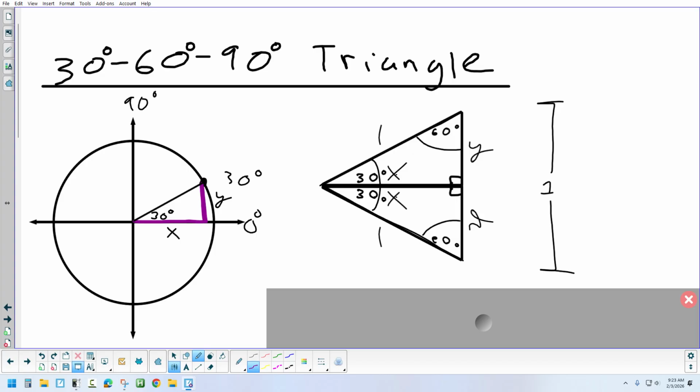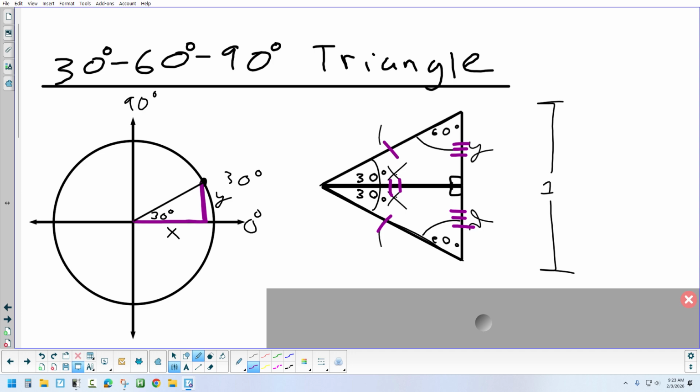Can you be more specific? All the side lengths, all the angle measurements. So this side is the same as this side, that side is the same as itself, that side is the same as that side. Everything's the same, just flipped.